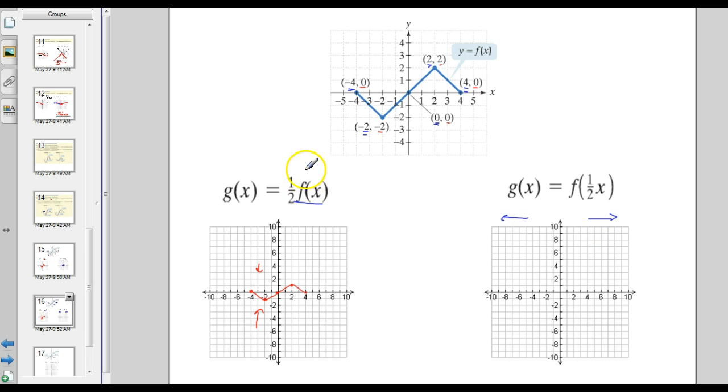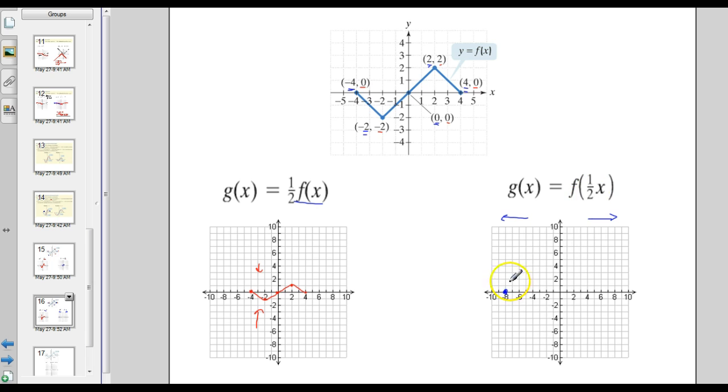Okay, if it happens after f is acting on x, it happens in the vertical direction. But if it happens before f acts on the input, it happens in the horizontal direction. And in this case, because it's less than 1, it goes out away. It's stretching it. So negative 4, 0 is now going to be at negative 8, 0. Now think about it.